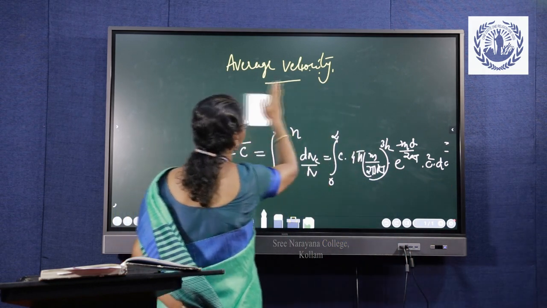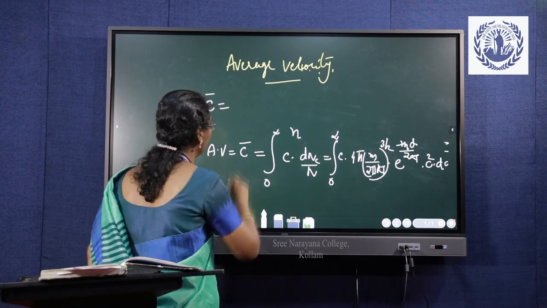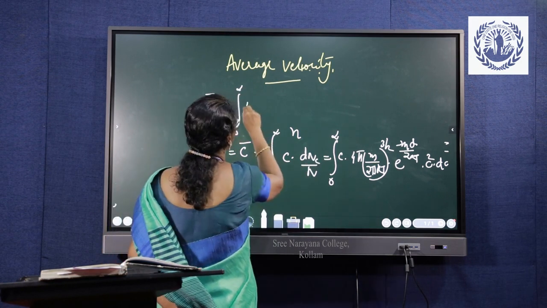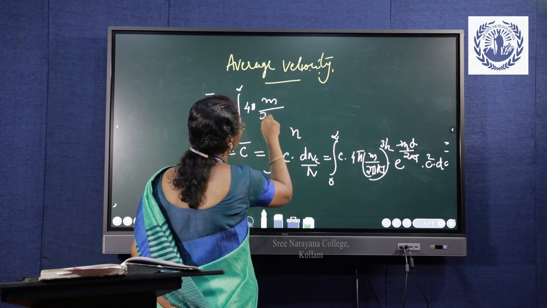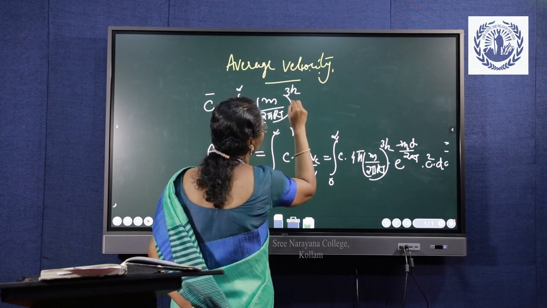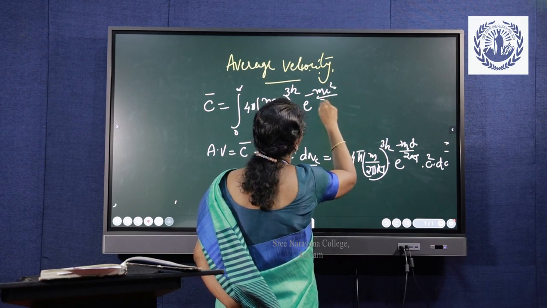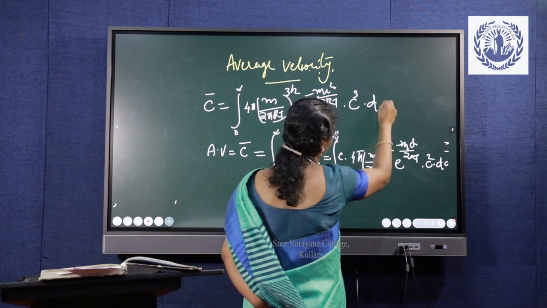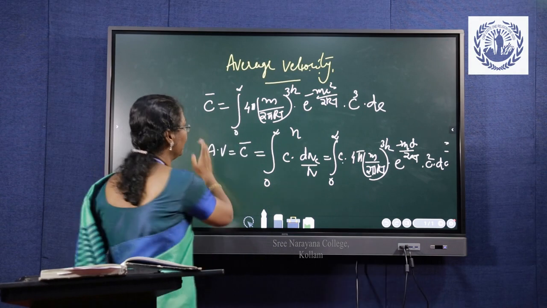Rearranging, c bar is equal to the integral from 0 to infinity of 4 pi into (m by 2 pi RT) raised to 3 by 2 into e raised to minus mc square by 2 RT into c cube dc. This c and c square combine together to form c cube.